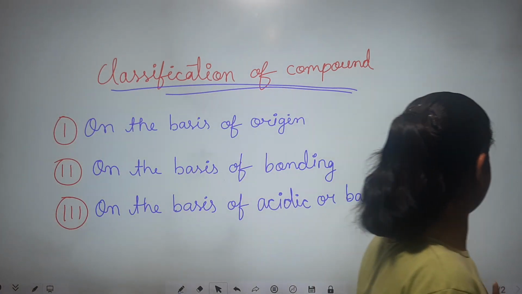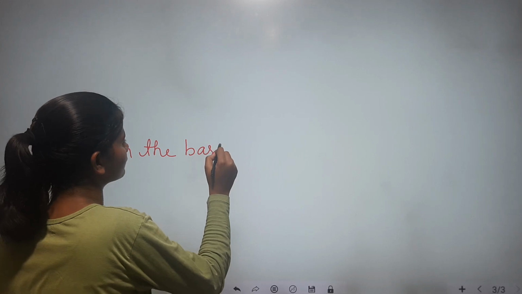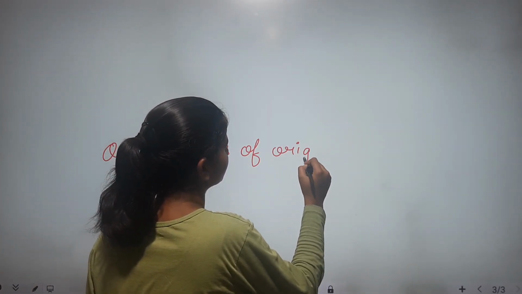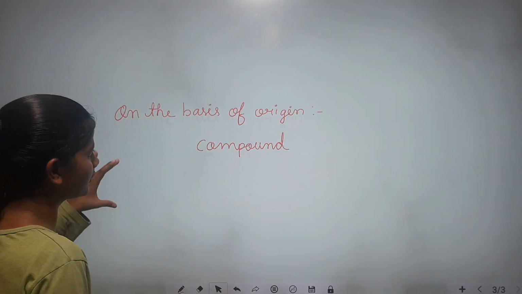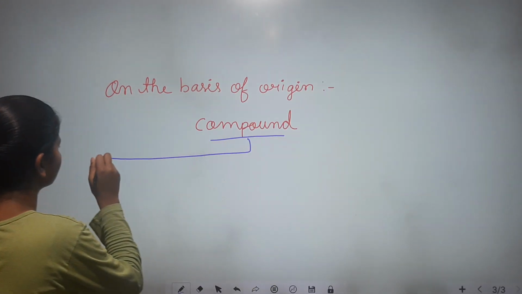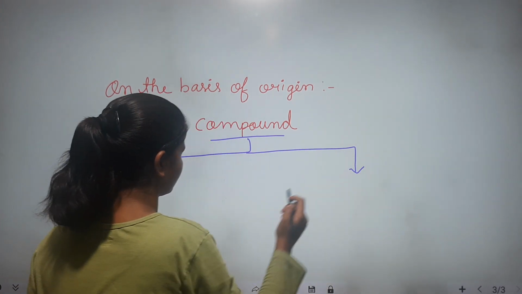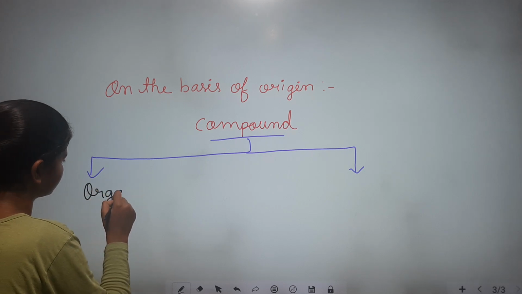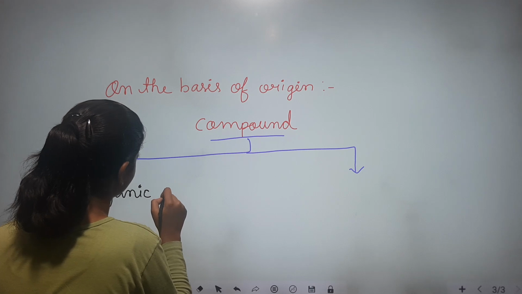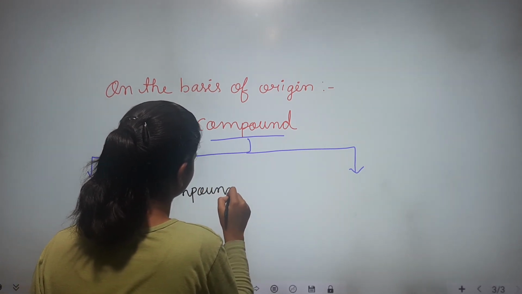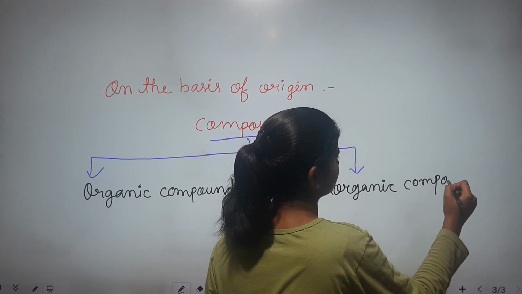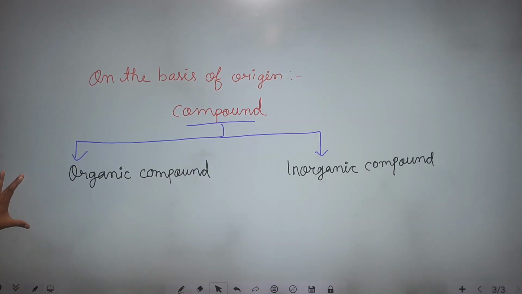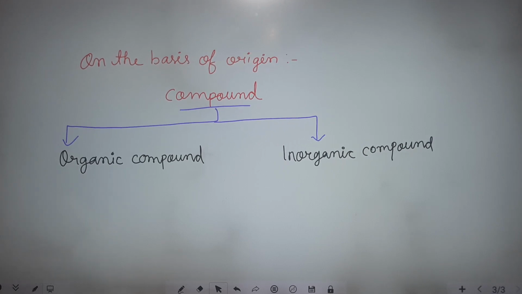First one is on the basis of origin. On the basis of origin, compound is divided into organic compound and inorganic compound.